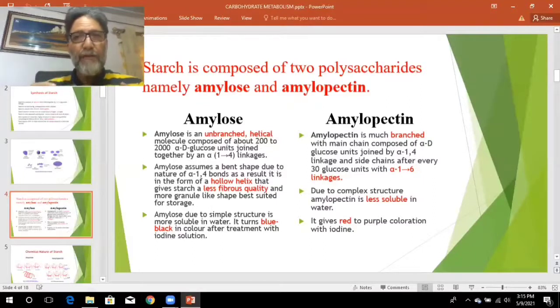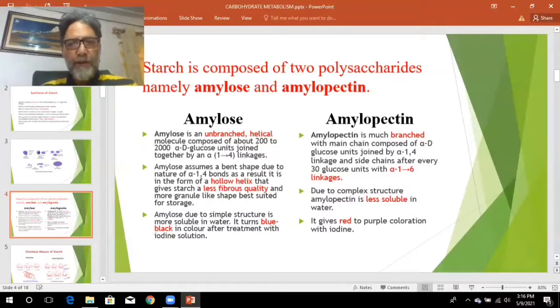And you will see because of the 1,4 linkages, it will be in the form of a helix because it assumes a bend due to 1,4 bonds, which results in a hollow helix. That's why this hollow helix gives starch a less fibrous quality and more granule-like shape, best suited for storage.